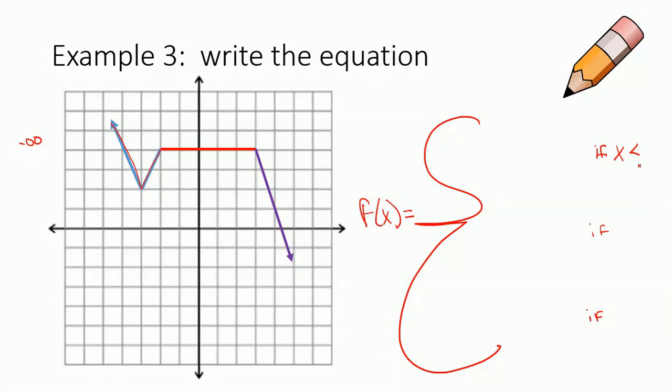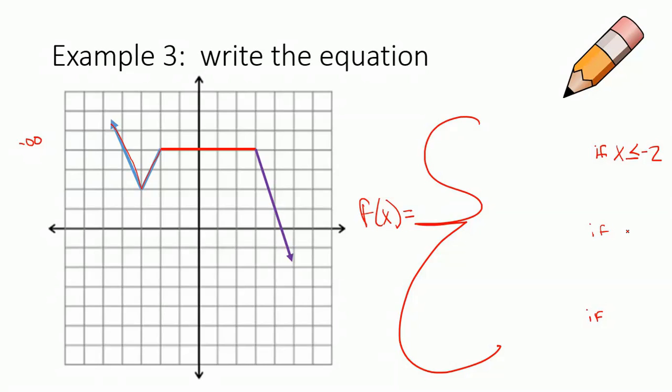So when there's 2 equations meeting at one spot, one of them needs to be a less than and one of them needs to be equal to. Here's the reason. You can't have them both equal to, otherwise you don't know what to plug into when you would do evaluations. So I always recommend do the left side function so that it is equal to. So I'm going to do an equal to -2 here.